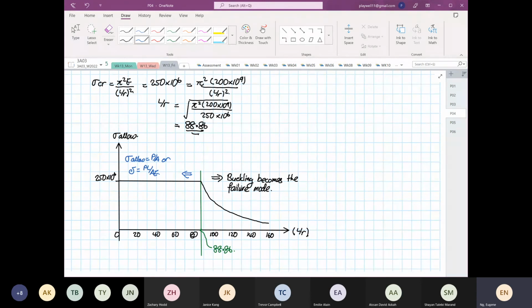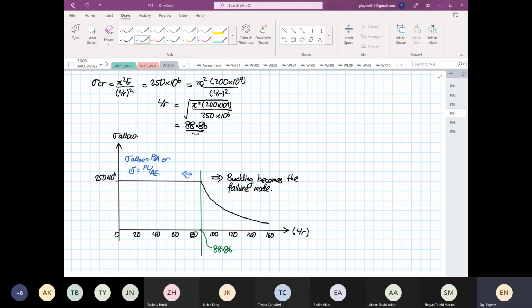Then you calculate, and your L over R ratio is 88.86. So if your L over R ratio, let's say your length generates a smaller value over here, like 40, then you can ignore the length.